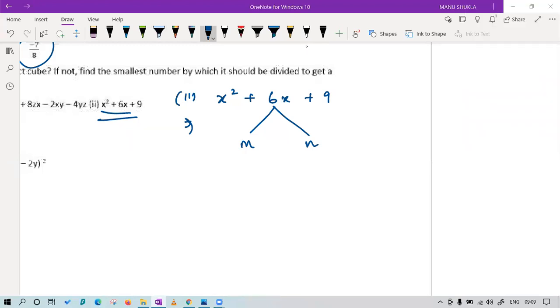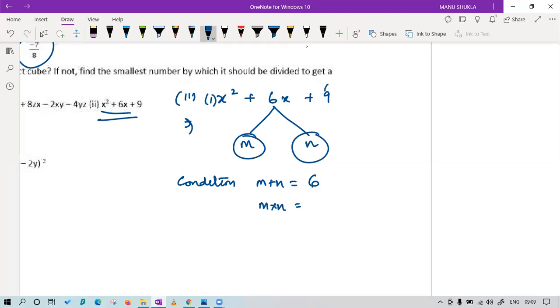Now see, Prisha, I have to break the middle term in two parts, M and N, such that the condition is M plus N should be equal to 6 and M into N should be equal to what? M into N should be equal to 9, the coefficient of x square, that is 9 into 1, or 9.